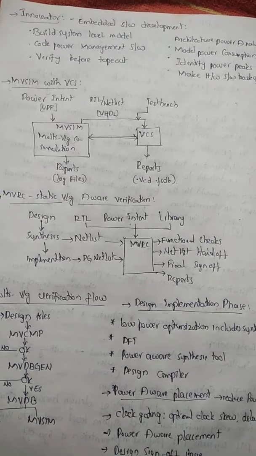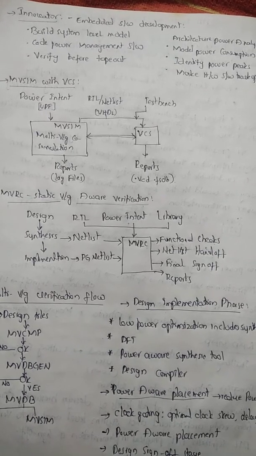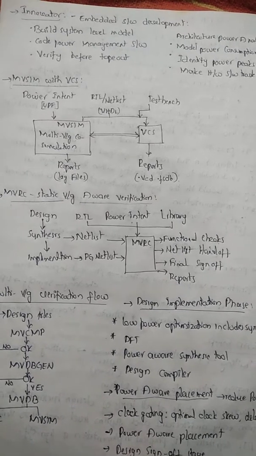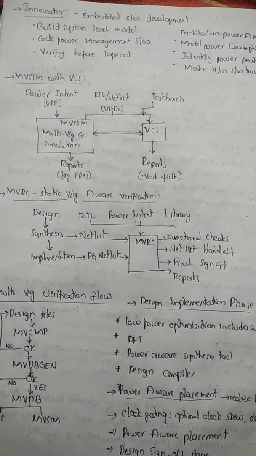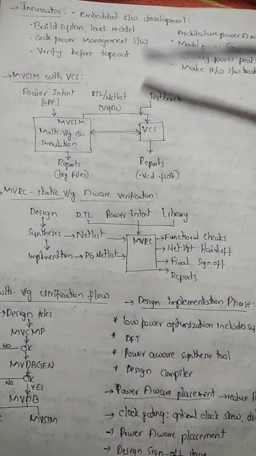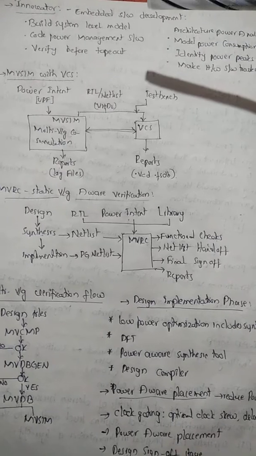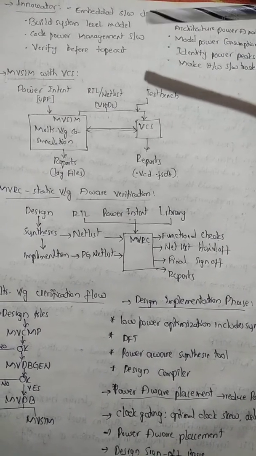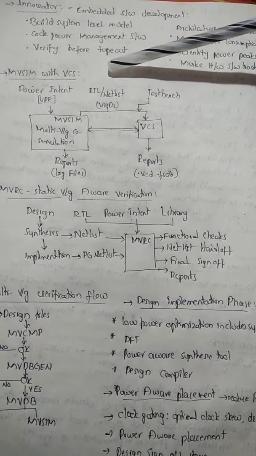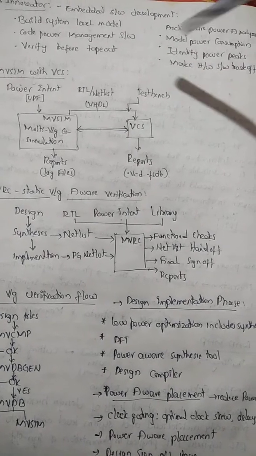But VCS cannot take power intent information in the design, so we incorporate VCS along with MVSIM. It provides a virtual platform at architecture and system level. Virtual platforms are simulation models of all components, and they calculate the dynamic power. Here we have the system level model as well as the architecture level model. Thank you.